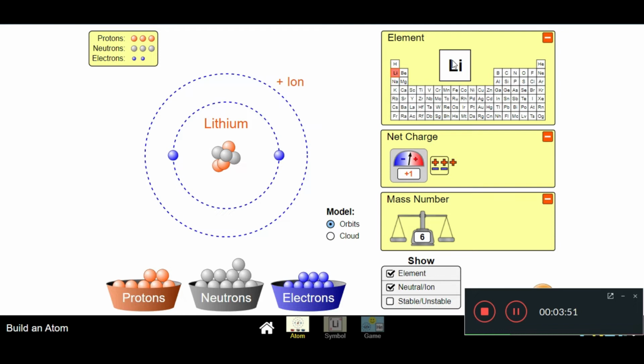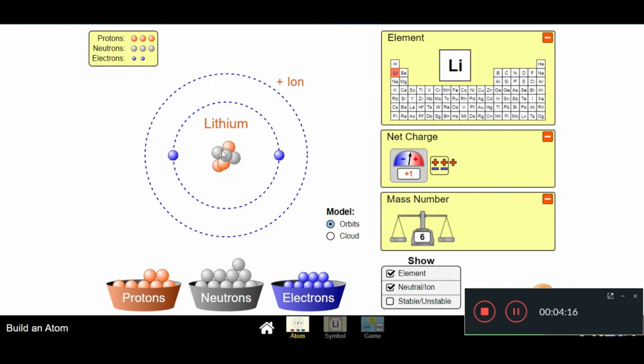This is the symbol, and this is the position where we can find lithium in the periodic table. For the net charge, previously it was 0, but when I add one proton, now the net charge equals +1, and the mass number increased from 5 to 6.